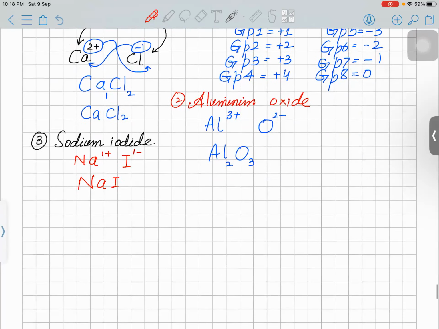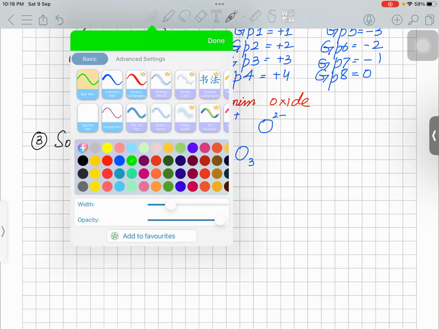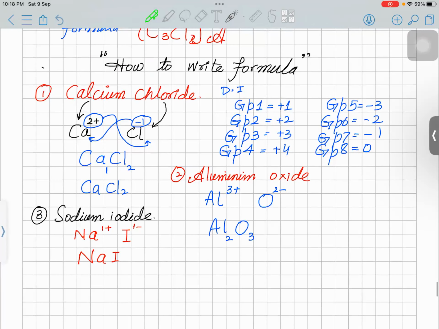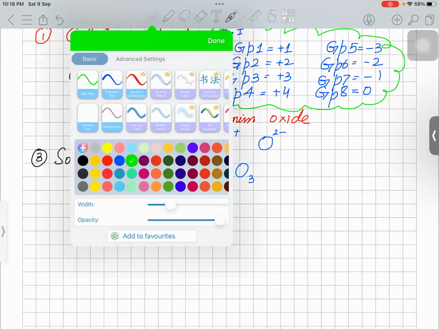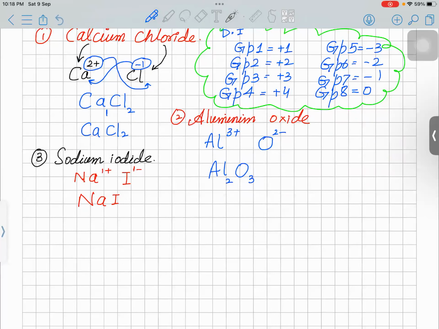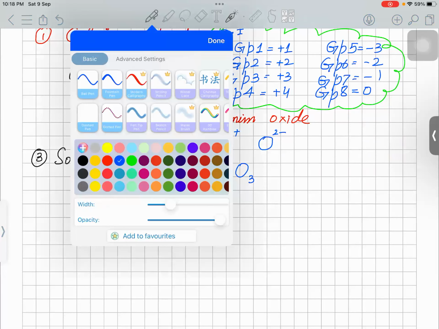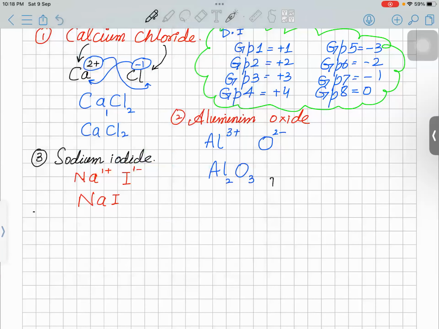Now write another. Always remember carbonate is CO3 2 minus.